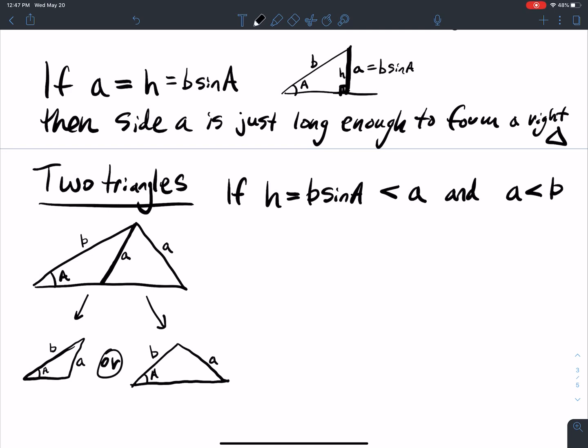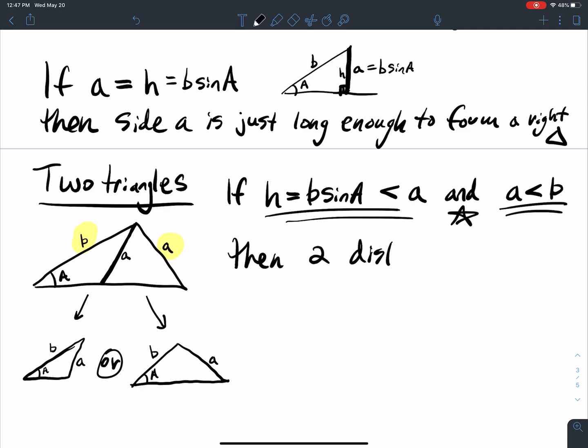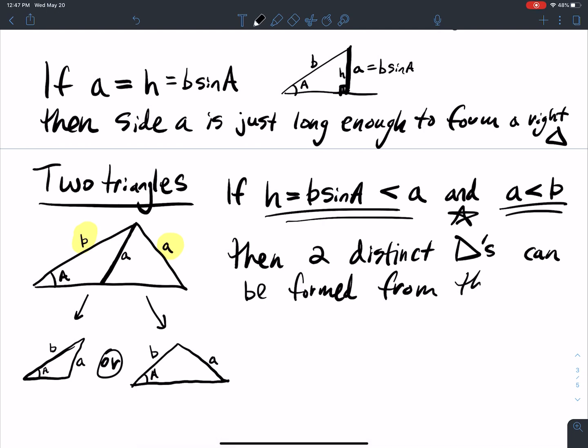Now this works because B is longer than A. So you got to have this and this. Then two distinct triangles can be formed from the given information.